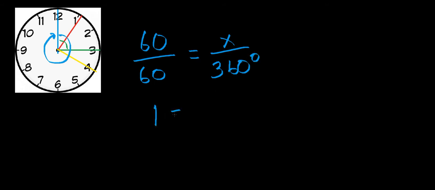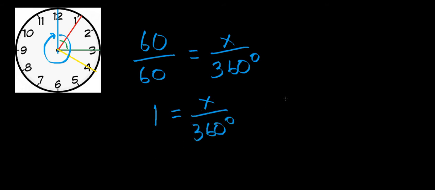So now our minute hand is doing something like this. And it turns 60 minutes over a full rotation of 60 minutes equals some degree measurement over 360 degrees. That simplifies to 1 equals x over 360 degrees.